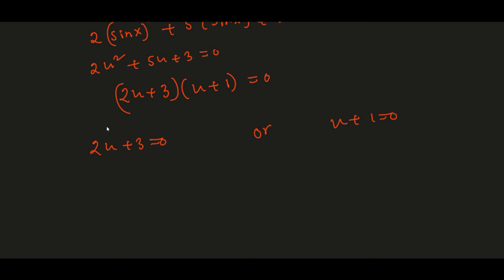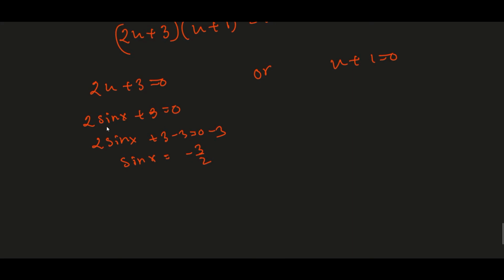From here, if we substitute the value of u back, we get 2 sine x plus 3 equals 0, and if we subtract 3 from both sides, we get sine x equals negative 3 over 2.